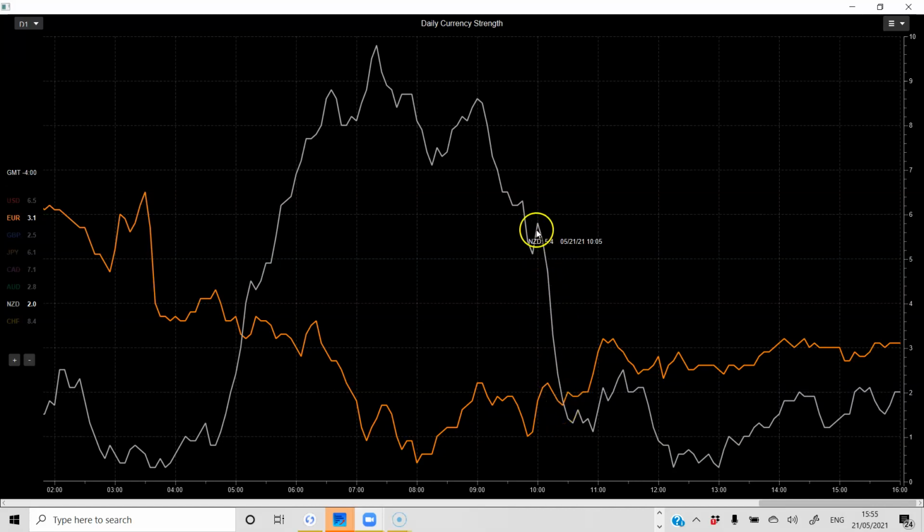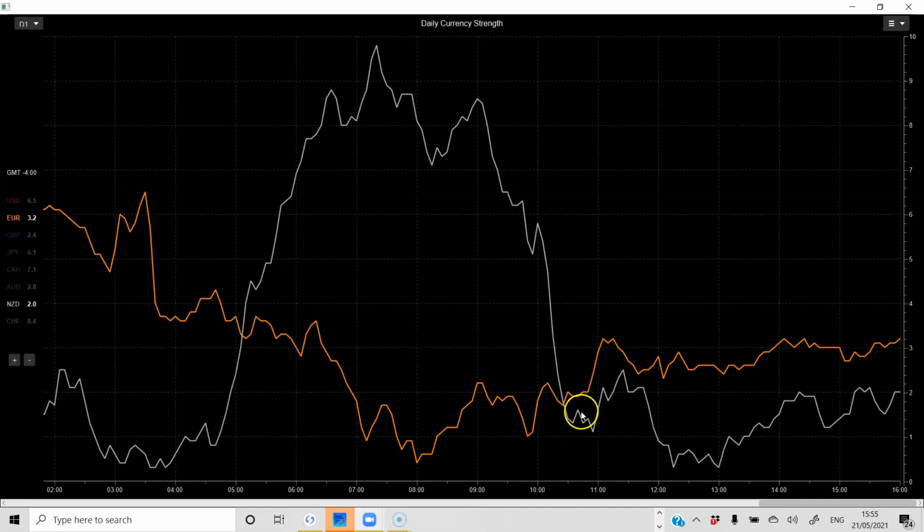That showed me there was a massive weakness in that currency, just like here on the euro, massive weakness as the price dropped in that 30-minute time frame, and it just continued to tumble.